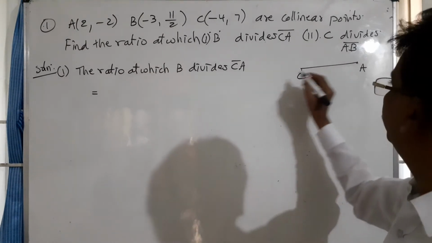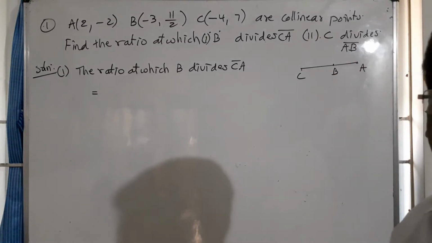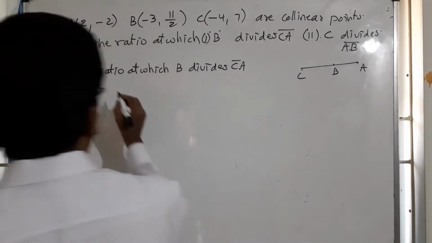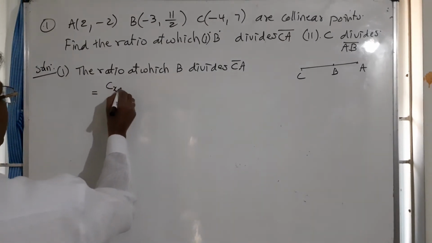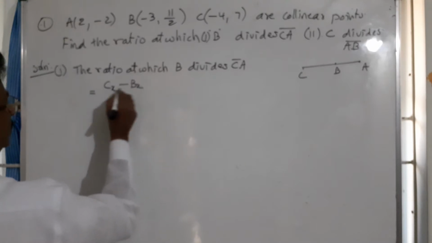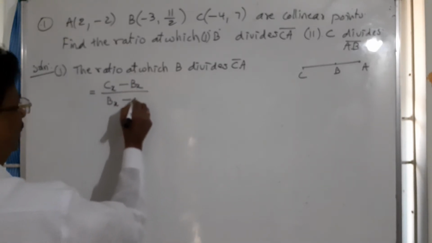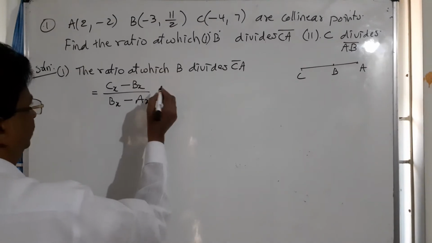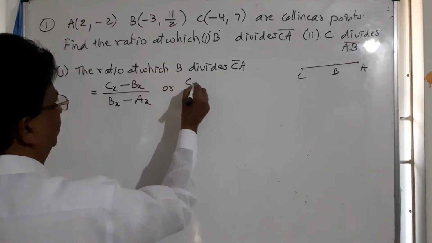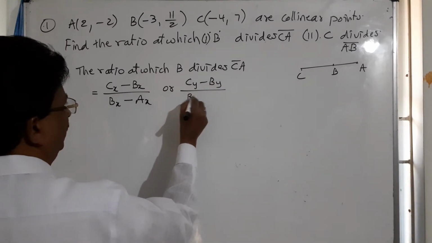The point B. That is called the dividing point. So the ratio equals the x coordinate of C minus the x coordinate of B, divided by the x coordinate of B minus the x coordinate of A, or Cy - By divided by By - Ay.